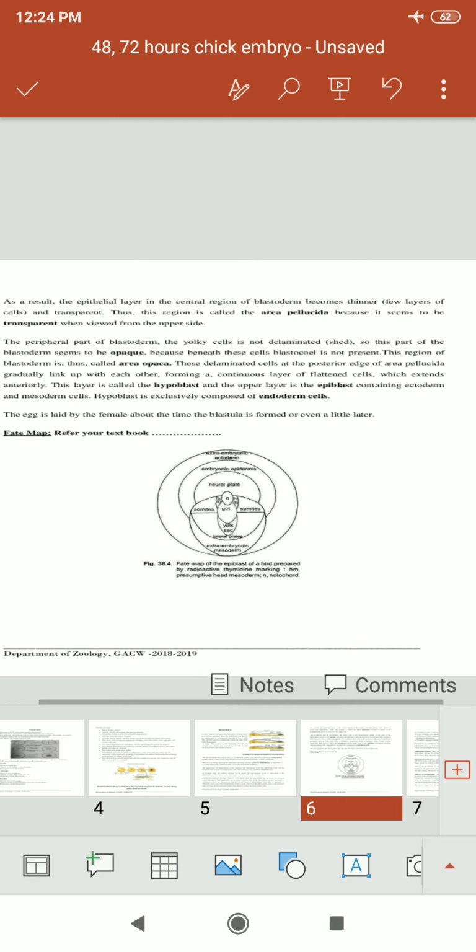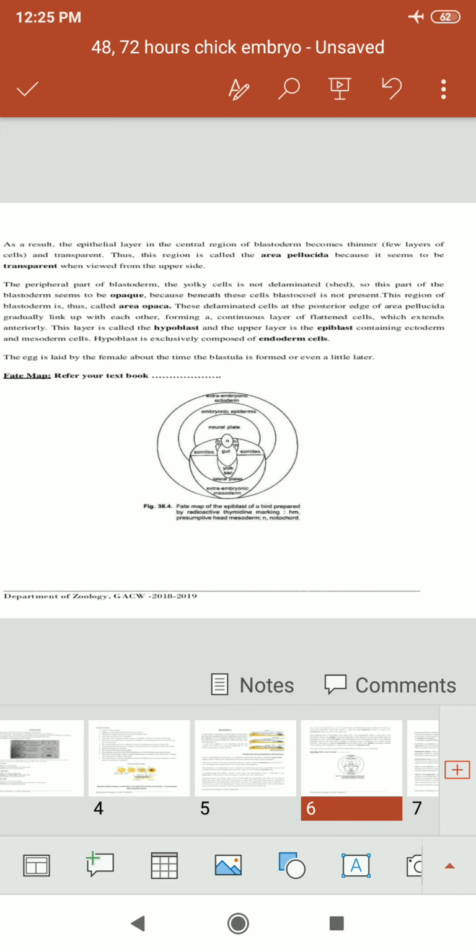As a result, the epithelial layer in the central region of the blastoderm becomes thinner, with few layers of cells, and transparent. Thus, the region is called the area pellucida because it seems to be transparent when viewed from the upper side.